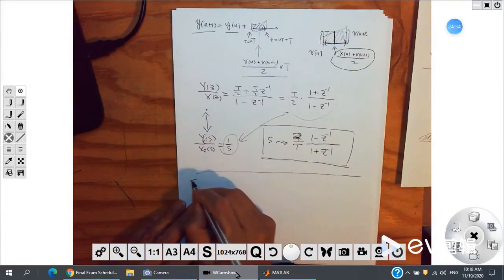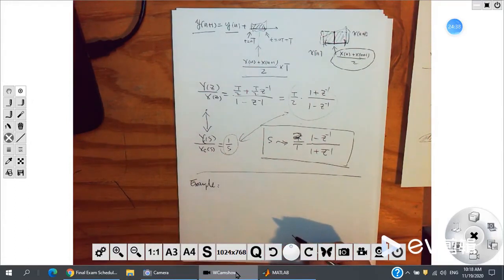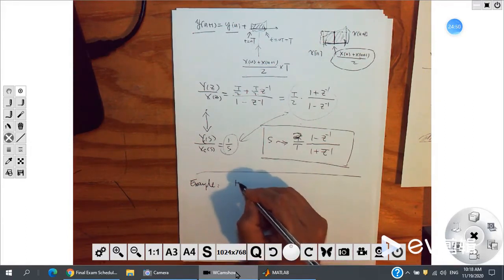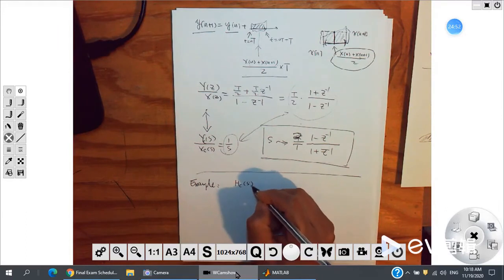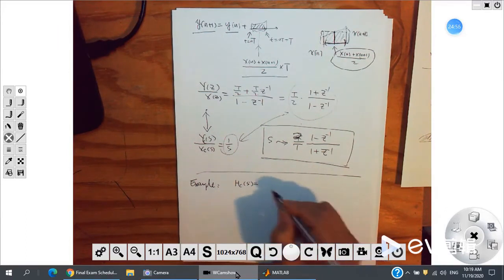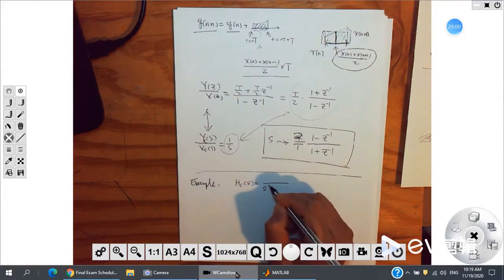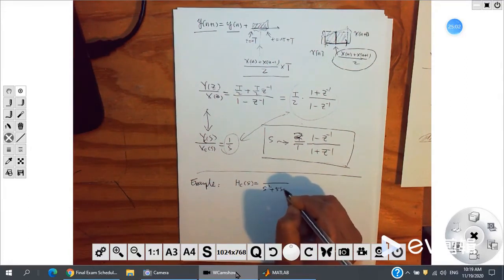Example. We can try a filter: we start with a continuous-time filter, and then we transfer it to a discrete-time one. We try H_c of s equals 6 over s squared plus 5s plus 6.